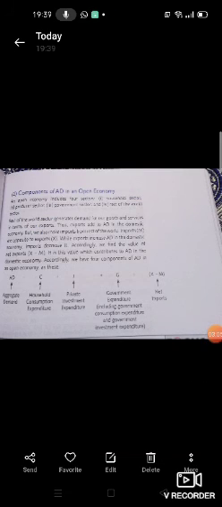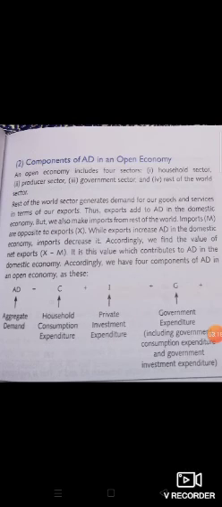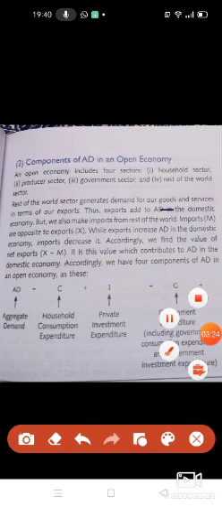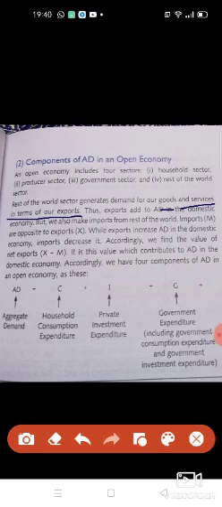Components of AD in an open economy. An open economy includes four sectors: household sector, producer sector, government sector, and the rest of the world sector. The rest of the world generates demand for our goods and services in terms of our exports. Thus exports add to AD in the domestic economy.